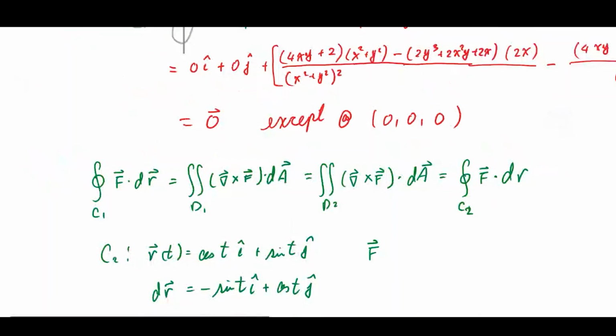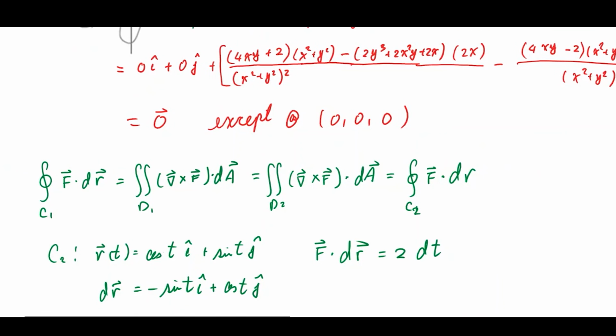Do you trust me if I say this f dot dr, after substituting these two into our original expression, gives us 2? I mean, I have it in the Dropbox note. That whole thing gives you 2. Okay? Now it's easy. Then this is just the integral from 0 to 2 pi of 2 dt, isn't it? And that gives you 4 pi. How about that?